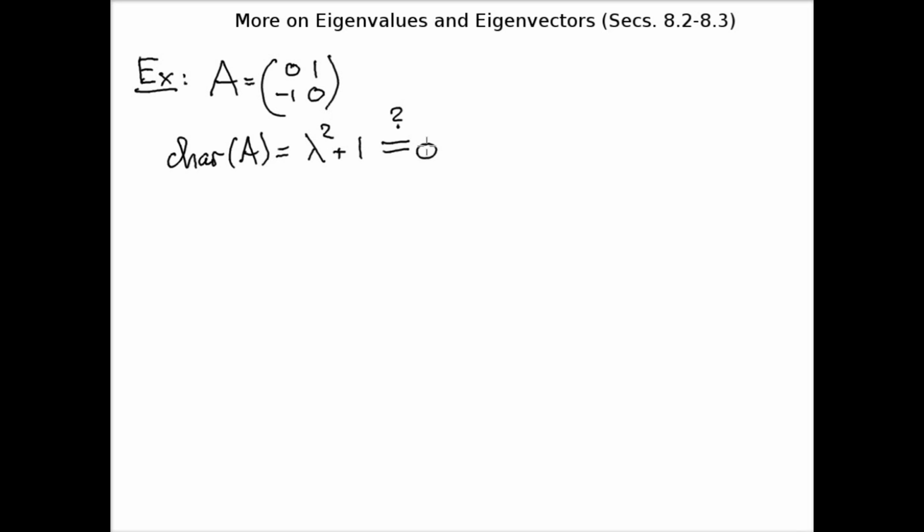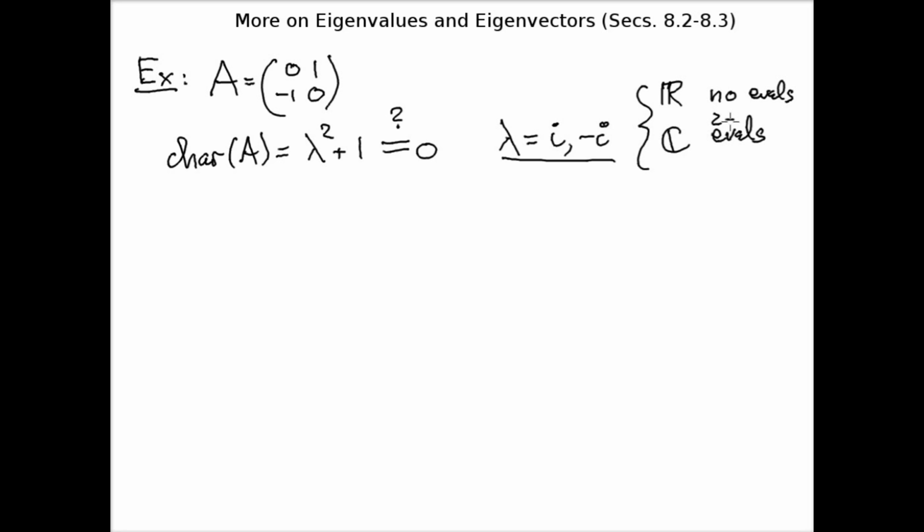And I'm trying to solve that is equal to 0. And sure, that has two solutions, i and minus i. So that illustrates why you need the complex numbers here, of course. If this was over R, the answer would be no eigenvalues, but if you're thinking of this as a complex matrix, it has in fact two eigenvalues, i and minus i.